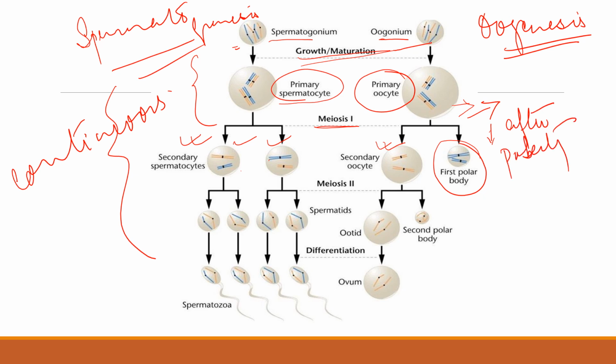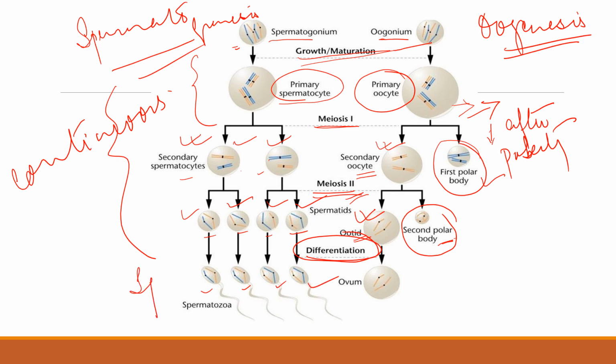Then in meiosis 2, the secondary spermatocytes produce spermatids. Four spermatids are formed, but here 1 ootid and 1 second polar body are formed from the secondary oocyte. The first polar body was formed earlier. During the differentiation phase, the spermatids all mature into spermatozoa, or mature sperms, 4 in number, 1 from each spermatid.